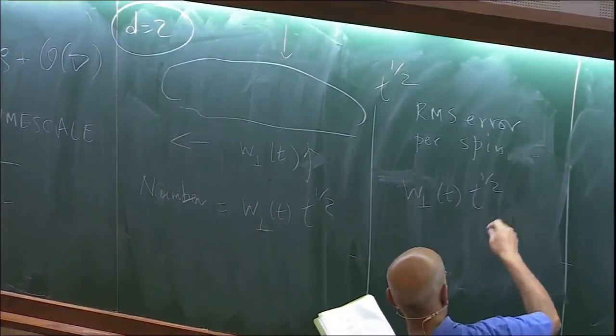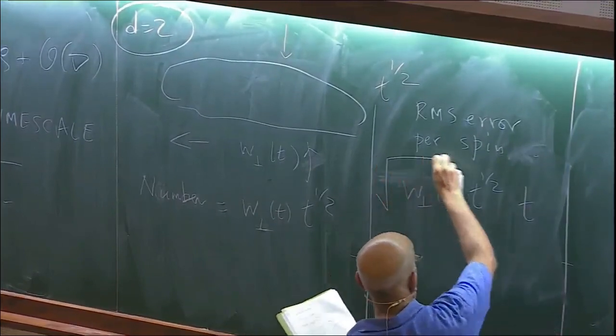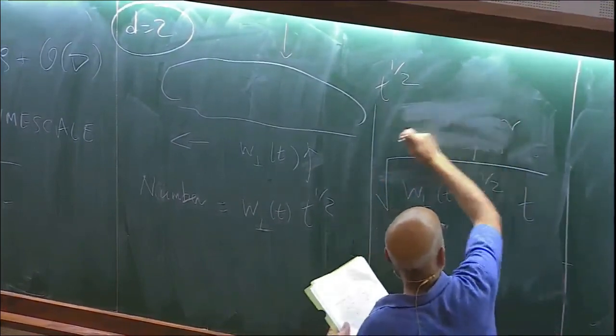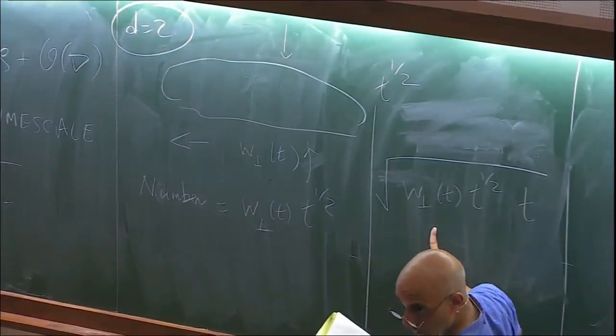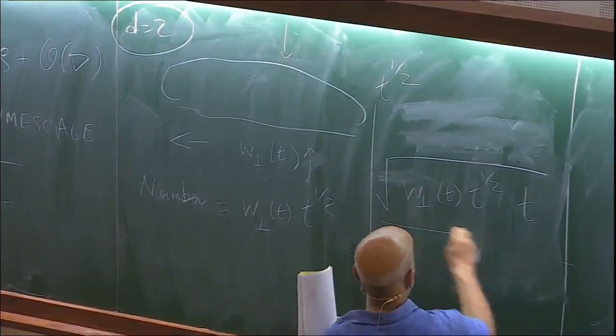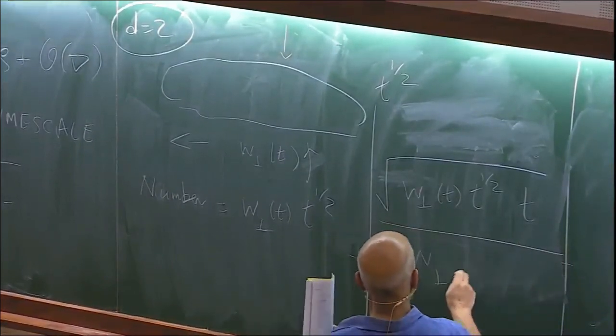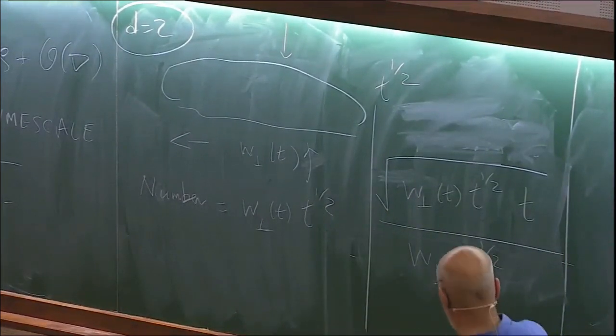So this many guys, that many errors, the angular error is the square root, because each error could be either way. And so per spin it is this divided by the area. You have to go through this slowly.